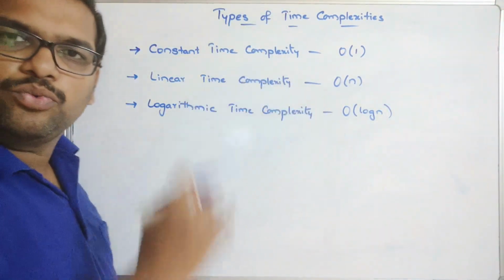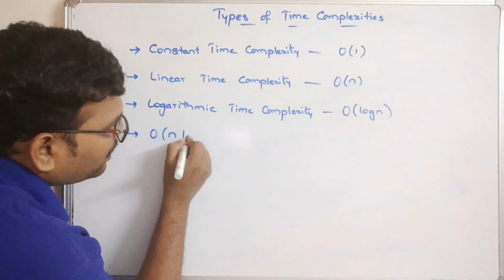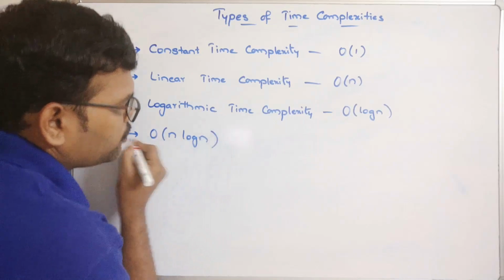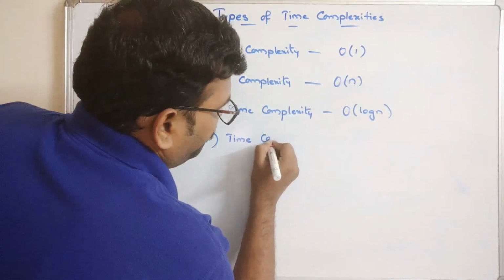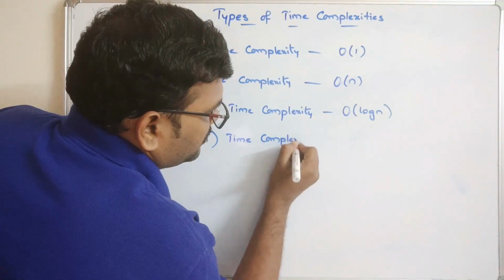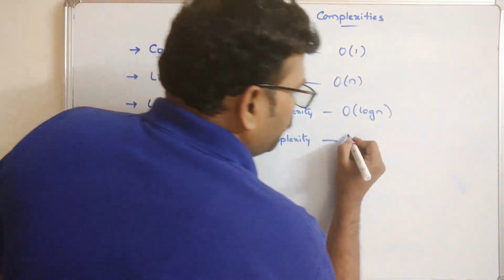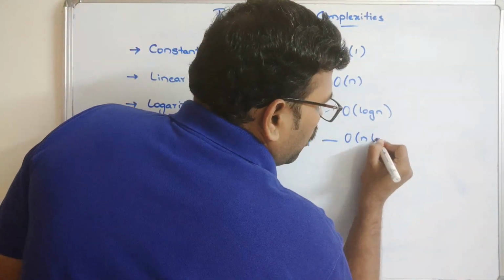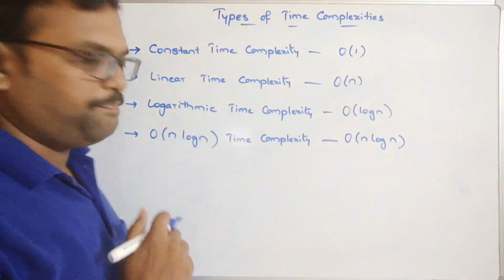Usually the base will be 2. Next, order of n log n. There is no specific name, so we can call it an n log n time complexity. The name itself indicates it will be denoted as order of n log n, which will be similar to the logarithmic time complexity.